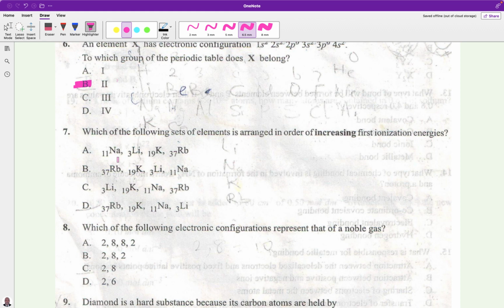The first ionization energy decreases because as you go down the group, the distance from the nucleus to the outermost electrons increases because of the increasing number of shells. As this distance increases, the force of attraction between the nucleus and the outermost electron decreases, and less energy is required to remove the first electron. So the first ionization energy decreases as you go down the group.